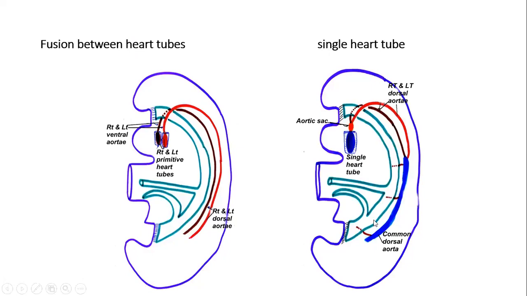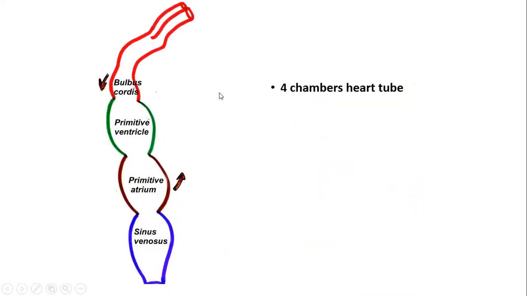Now we'll study these heart tubes. What happens to these heart tubes? There were two heart tubes joined together to form a single heart tube. Now we see the four chambers within this heart tube. The one near the dorsal aorta will be called the bulbus cordis. Then below that there will be the primitive ventricle, then the primitive atrium, and the lowermost will be called the sinus venosus.